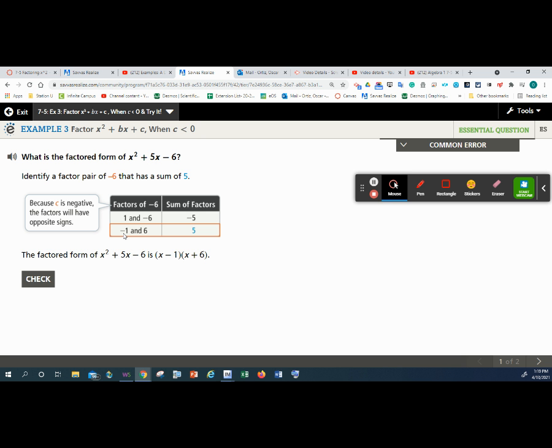So if we keep trying, negative 1 and 6, notice how we are now swapping the signs. Negative 1 and 6, the product will be still negative 6, but the sum is positive 5. So I can factor that trinomial saying that it equals x minus 1 and then x plus 6.